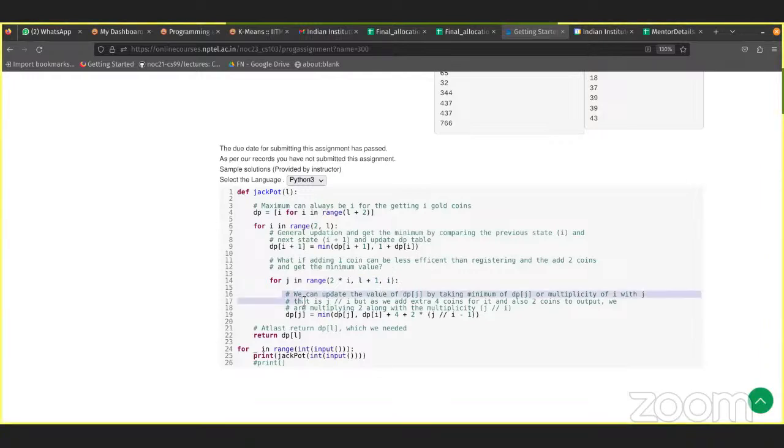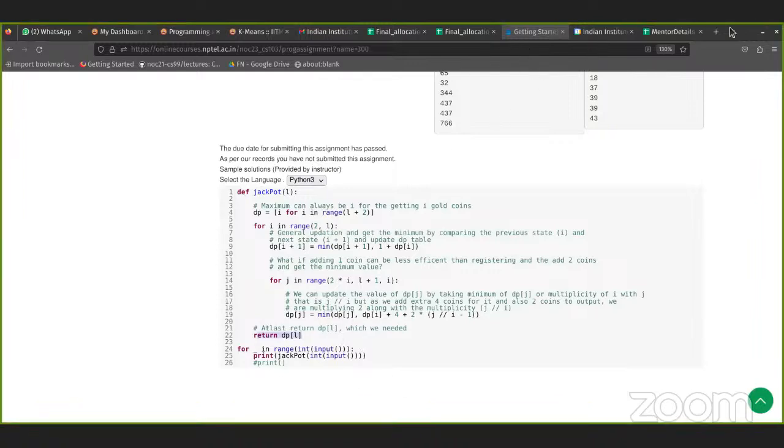We update dp of j equals min of dp of j, the original, or dp of i plus 4 plus 2 into j floor division i minus 1. As we do not want to add 2 again and again, we multiply 2 by the factor. That's what the whole problem is about. Then we print the last value, dp of L.